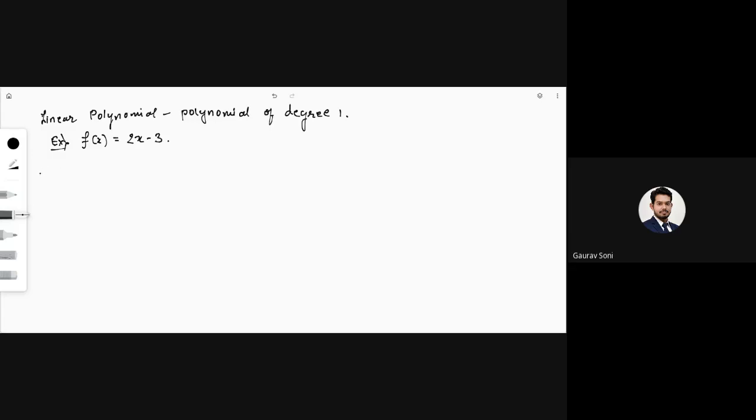Then there are quadratic polynomials. So these are the polynomials of degree 2.